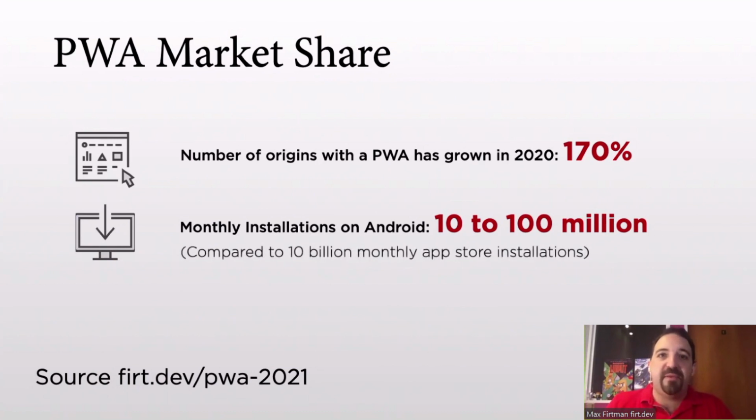But if we compare this with App Store installations, they are around the tens of billions. Okay, so we are still far away from there. So even if we have a lot of PWAs out there, we don't have so many app installations. That means that users are still going to the App Store to download apps most of the time.